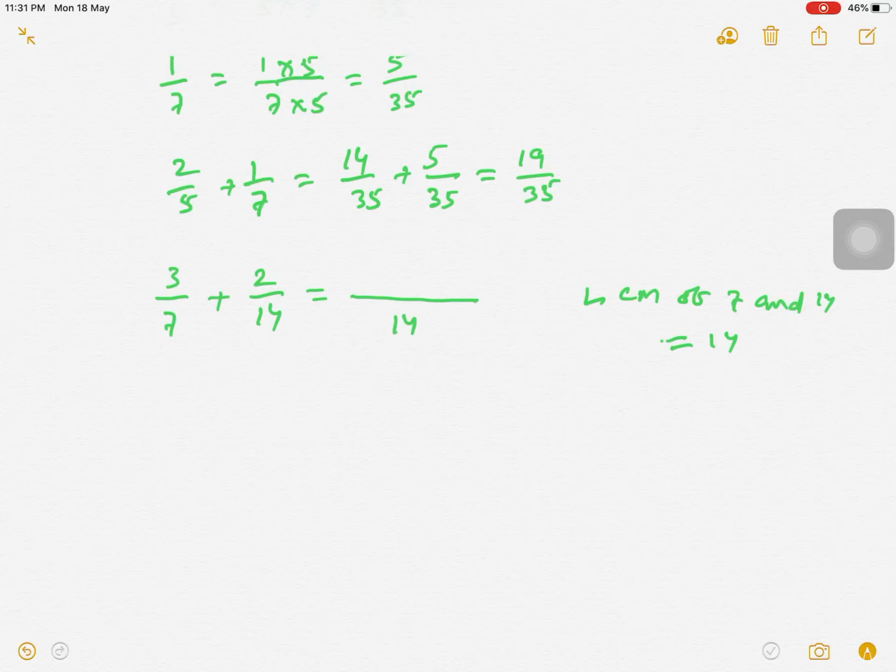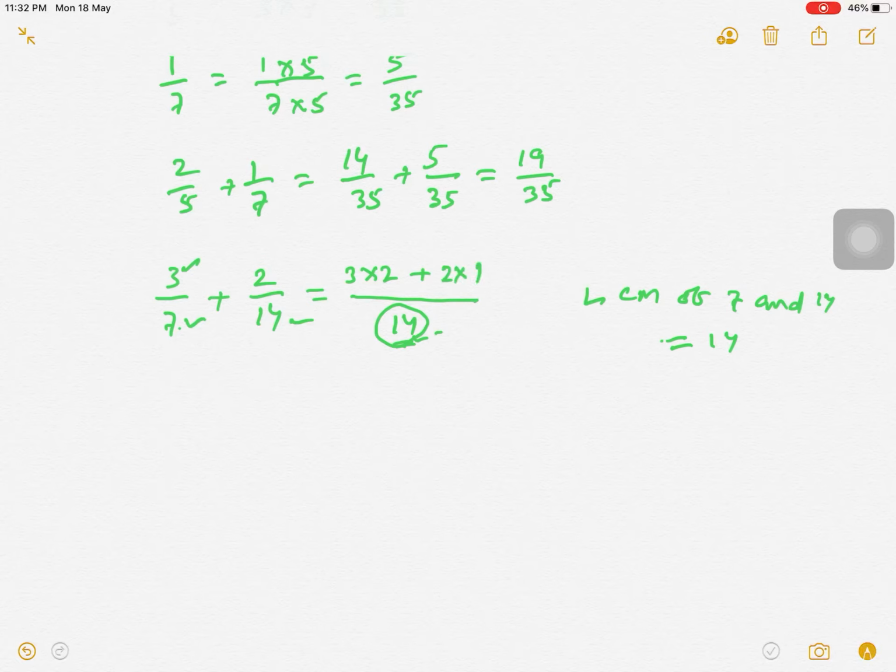So it is 14. Now we have to divide this LCM by the first denominator. So 14 divided by 7 gives us 2, and then we shall multiply 2 with the numerator. Okay, so it is 3 into 2 plus 14 divided by 14 is 1, so 1 into 2.